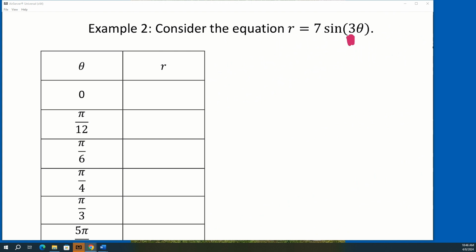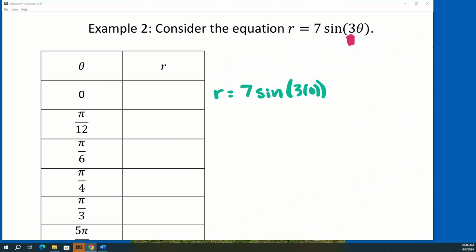I'm going to do 4 and you guys are going to do 1. We're going to plug the theta into the function.